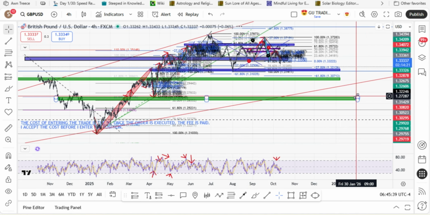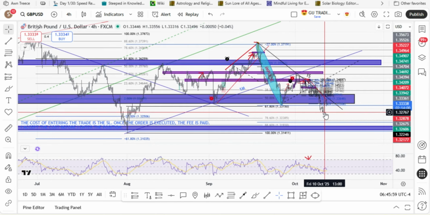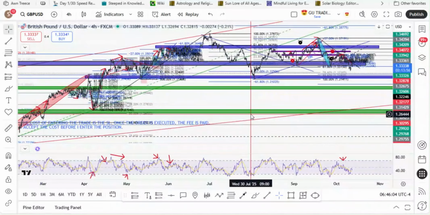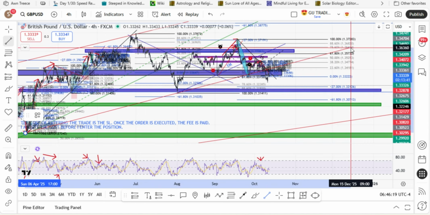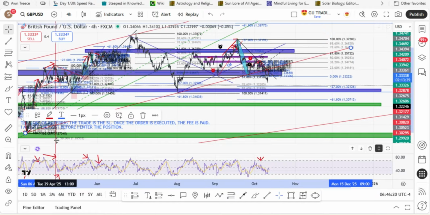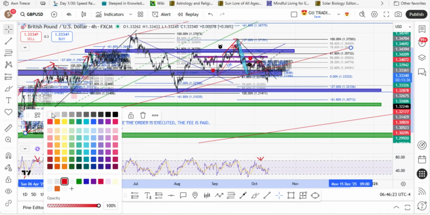It did kind of break this area right here, which it has done before. Is there maybe a trend line in here? Not really, but let's just put that there just in case.